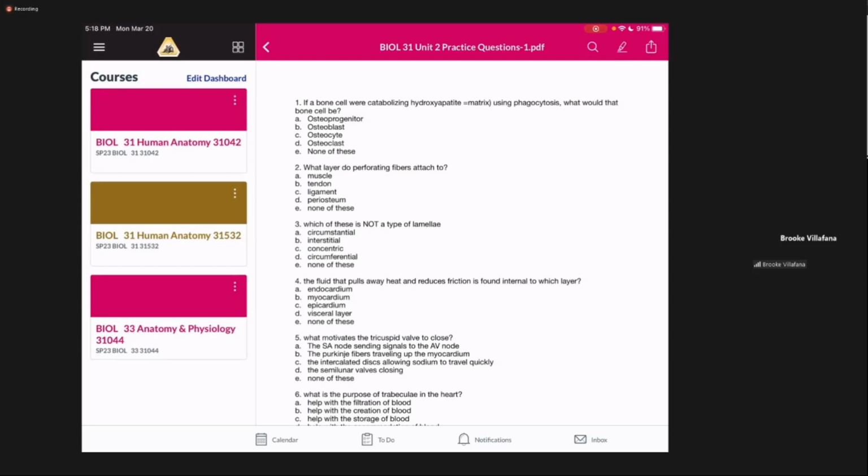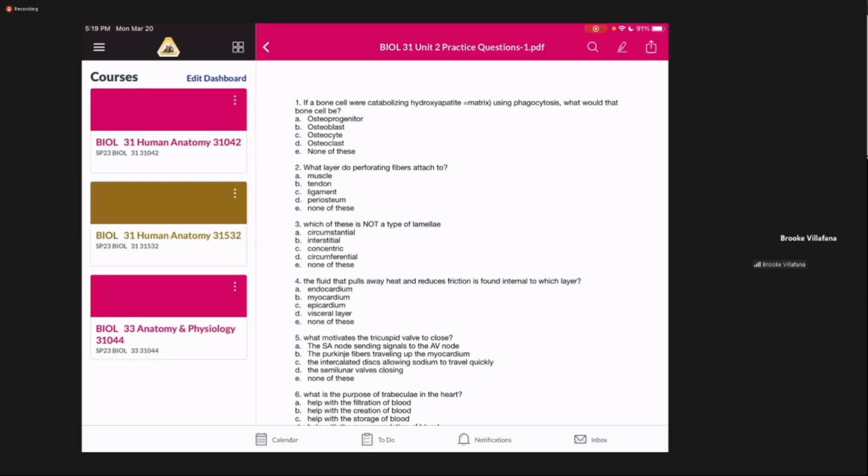And we know that the muscle becomes a tendon, right? And then that tendon attaches through a perforating fiber into the hydroxyapatite. And what they actually use is the periosteum, right? So the periosteum is kind of this coating around the bone. And then in order to get to the hydroxyapatite, the perforating fibers attach through the periosteum, if that makes sense. Ligaments would attach bone to bone.